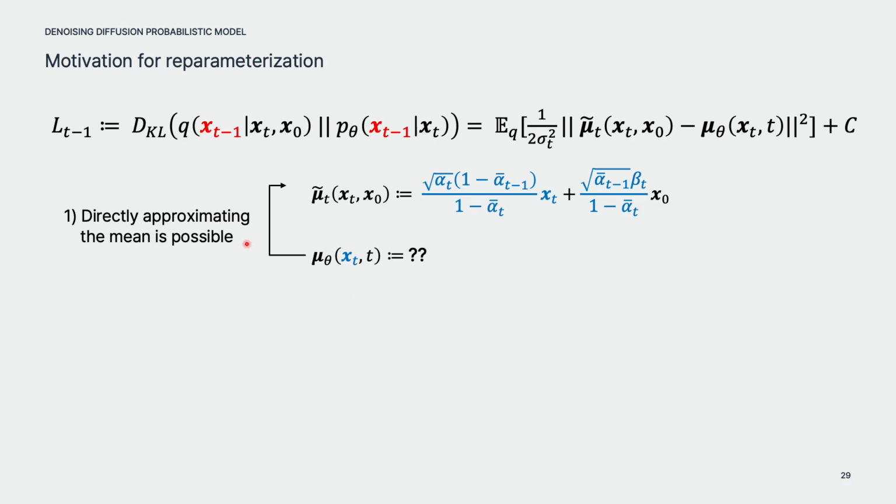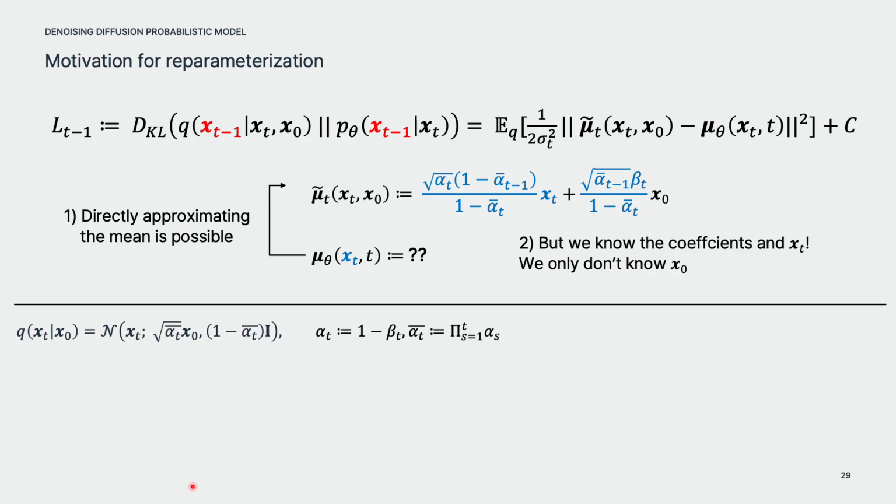So directly approximating the mean is possible, but quite dumb. And if we look at this mu tilde t, we only don't know x0. So it will be a nice solution to only approximate x0. But actually, we could go more from x0.